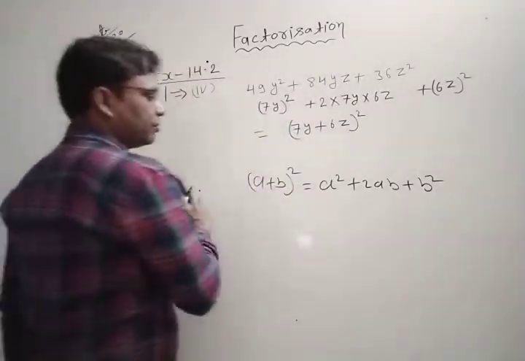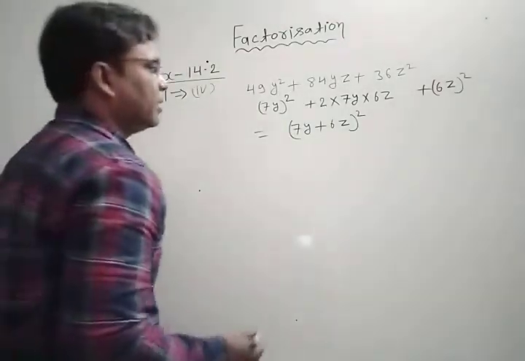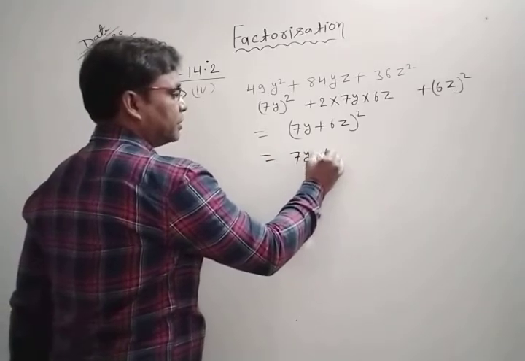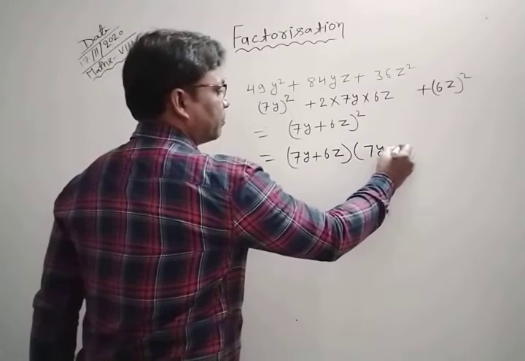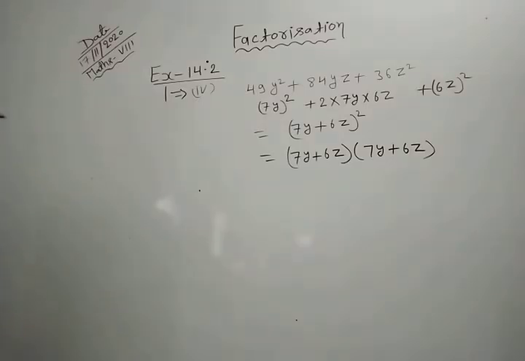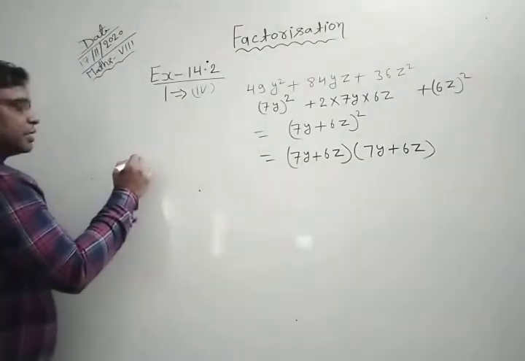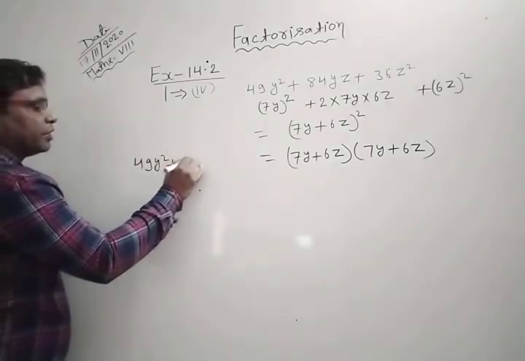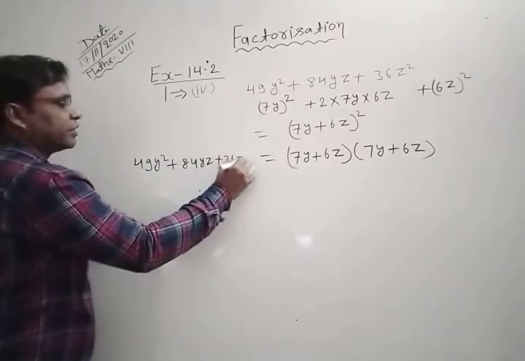Okay, so here we use the first identity. So you can also write it as 7y plus 6z into 7y plus 6z. This is clear. So you can see here we found the factorization of the given expression 49y square plus 84yz plus 36z square.